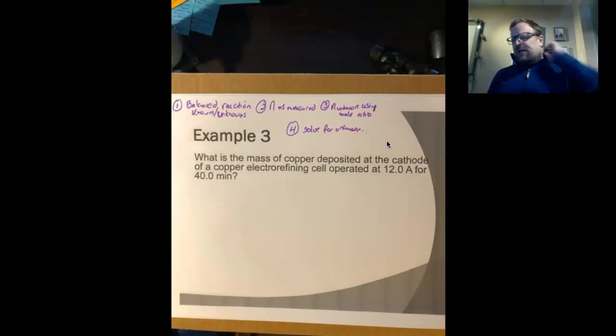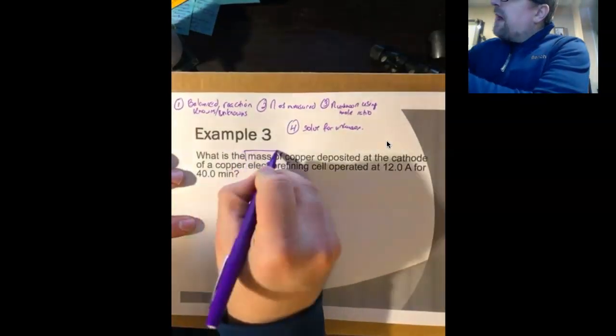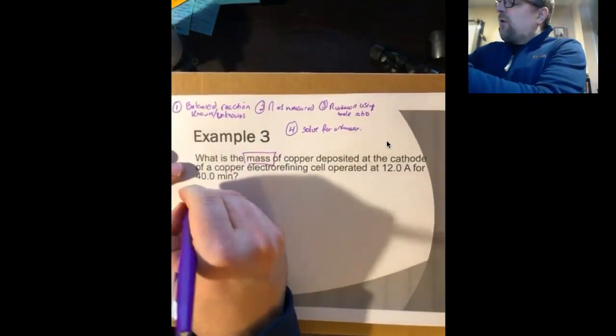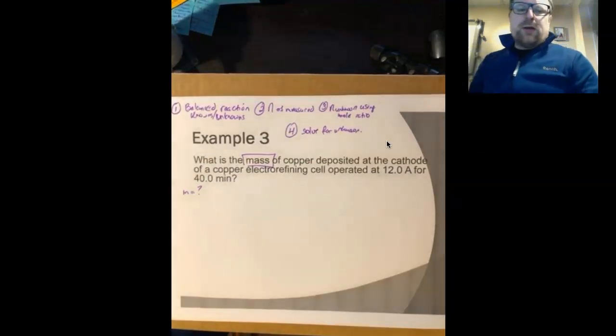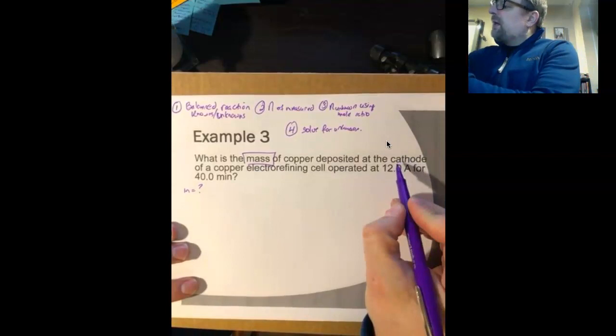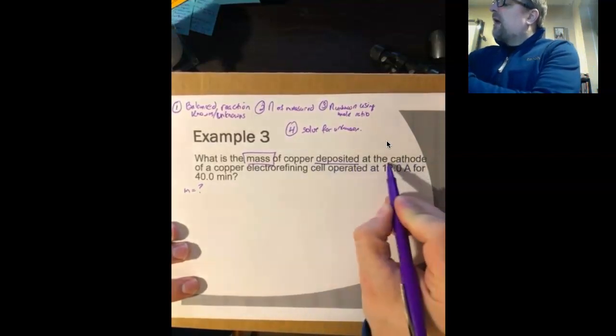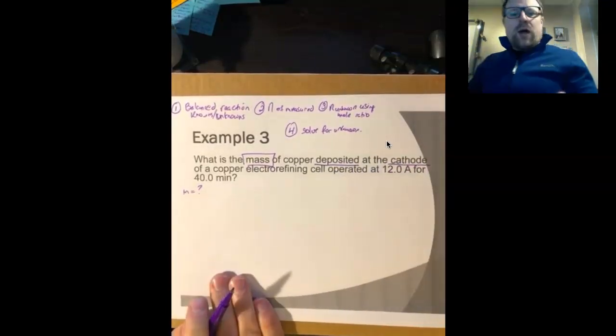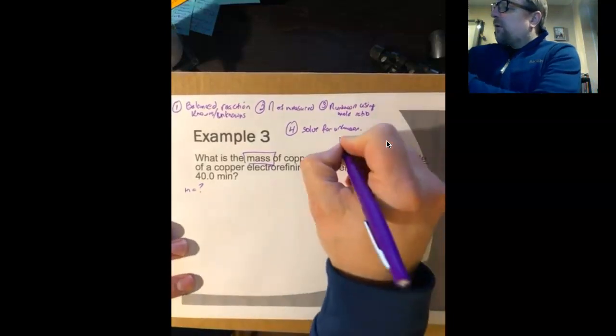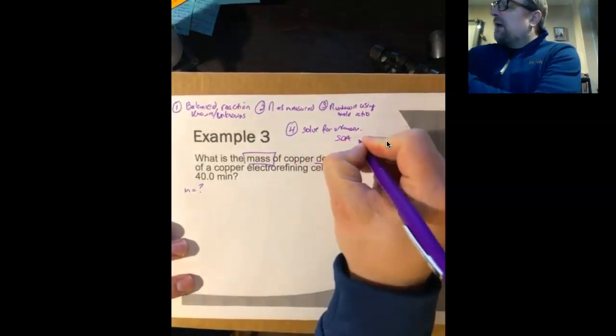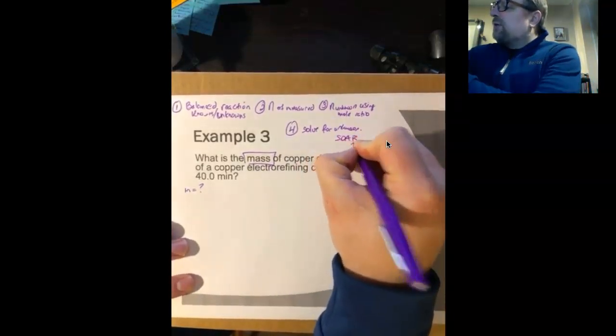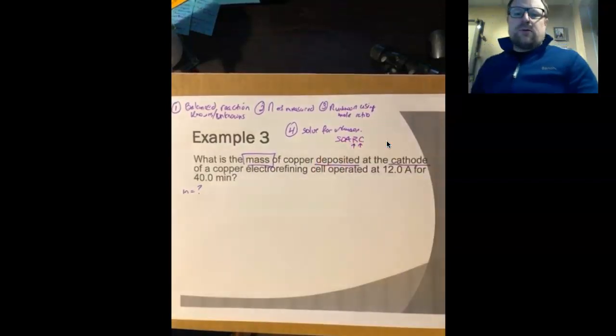A couple of things stand out to me on this question. What is the mass? That is our unknown, so that's what we're going to be trying to figure out. The other thing that sticks out is that it's deposited at the cathode. What occurs at the cathode? The strongest oxidizing agent gets reduced at the cathode.